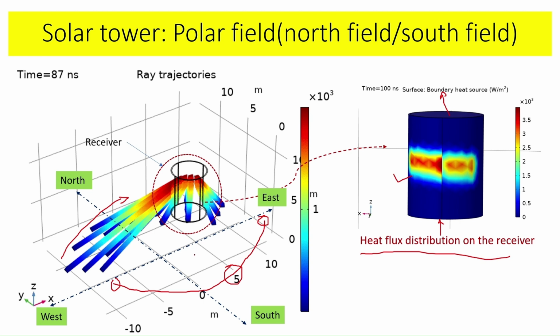So if you have any mirrors or heliostats on this side, they won't be effectively utilized because they would be facing the back side of the sun. The sun will be facing their back side, which is a non-reflecting side. So there is no use of putting any heliostats this side. Therefore, the heliostats are only on this side. This way, we save on plant cost, and hence we try to reduce the cost of production of electricity.